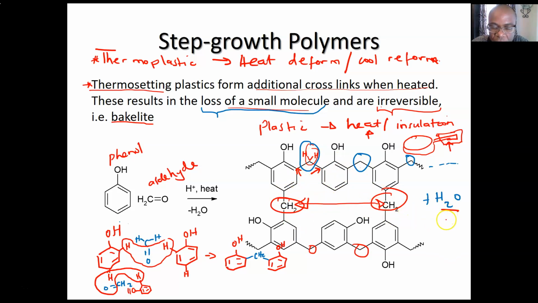Each time you join them, you're losing a water. You're left with a CH2, which is this blue part here. That's giving you the CH2s with this shortcut. So you get bakelite, which is strong and is used for insulation. The reaction is thermosetting. You cannot go back to get its physical property once you make it.